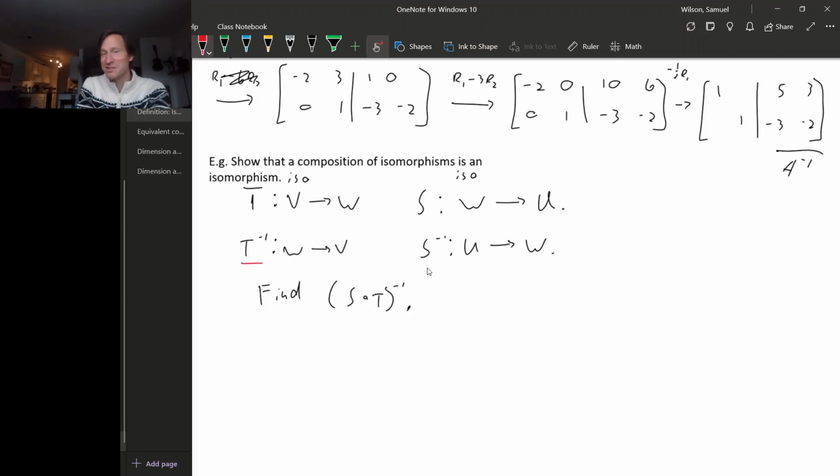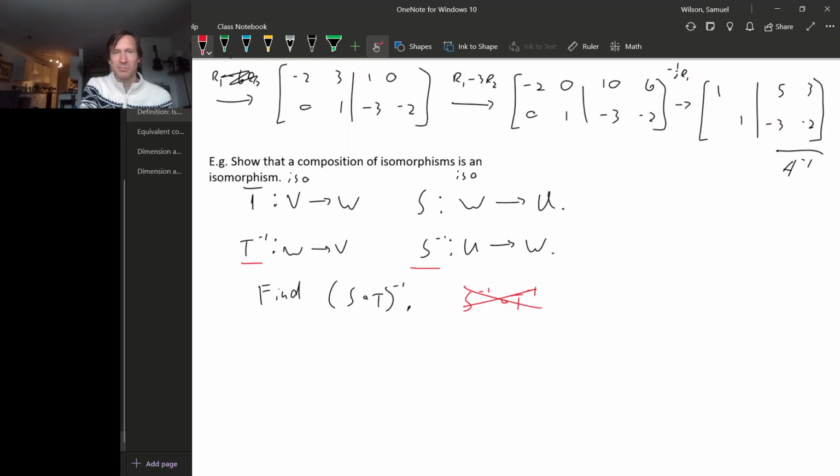It seems like it ought to be built out of T inverse and S inverse. So maybe it's S inverse composed with T inverse. But this doesn't make any sense because T inverse takes us from W to V, and then S inverse should start from V if this composition is defined, but it doesn't. S inverse starts from U. So this composition doesn't even make sense.